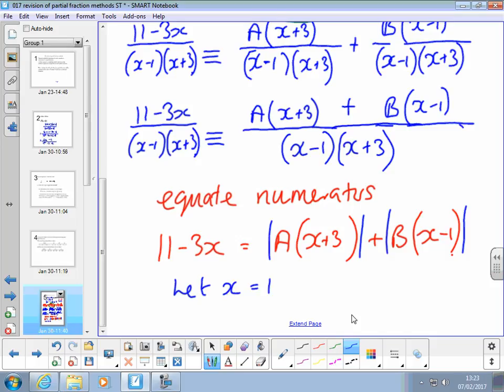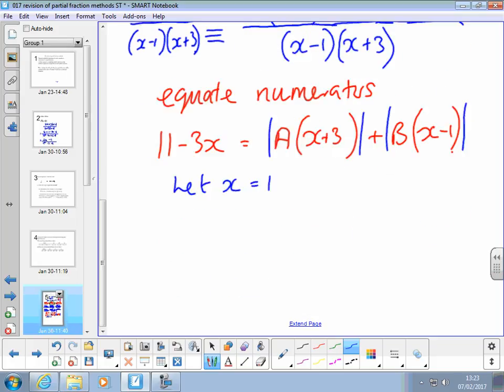If x is equal to 1, then all of that bit is equal to 0, so we've eliminated B. Then we can say 11 minus 3 is equal to A(1 plus 3), writing it all out.